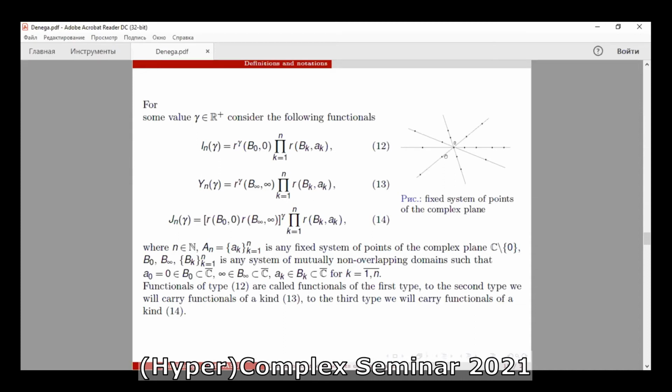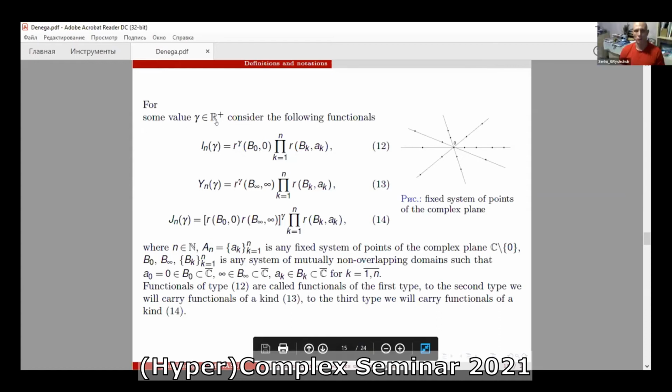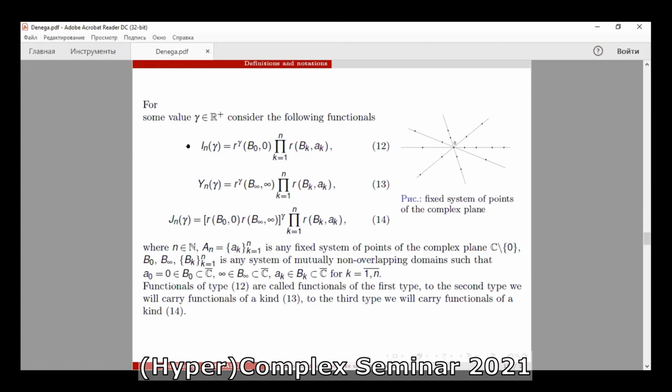For example, it is p rays, and each ray has a different number of points, and the sum of these points equals n. So in this work, for some value gamma, we consider the following functionals.